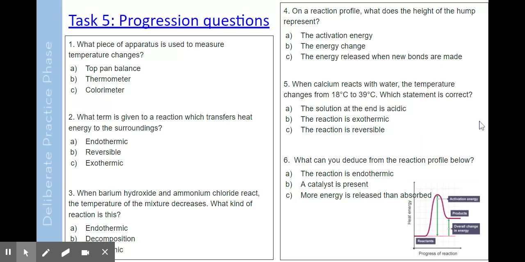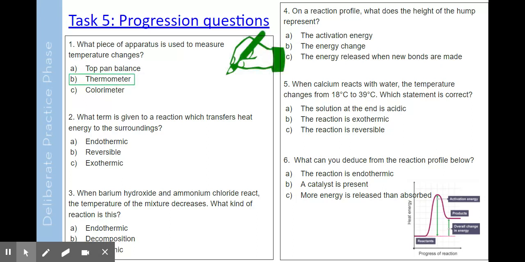Okay, so good work. Let's green pen our answers. Remember, you can use a slash and change the font color to green to mark your work, tick it, or change it if you need to. So the piece of apparatus used to measure temperature is a thermometer.